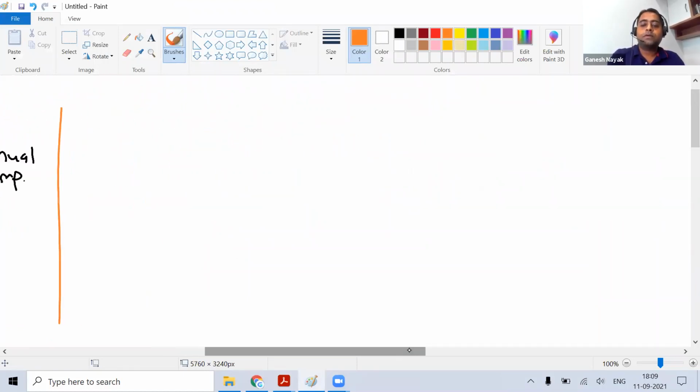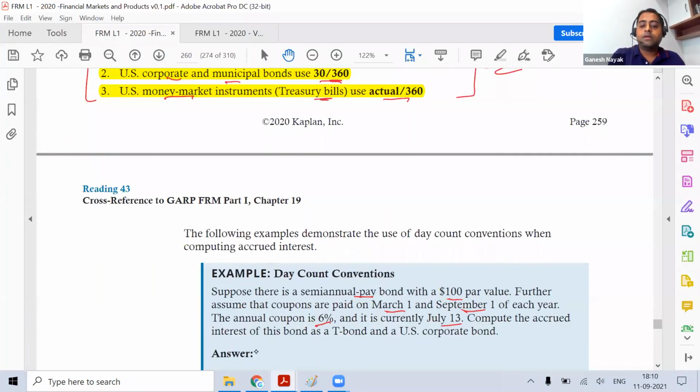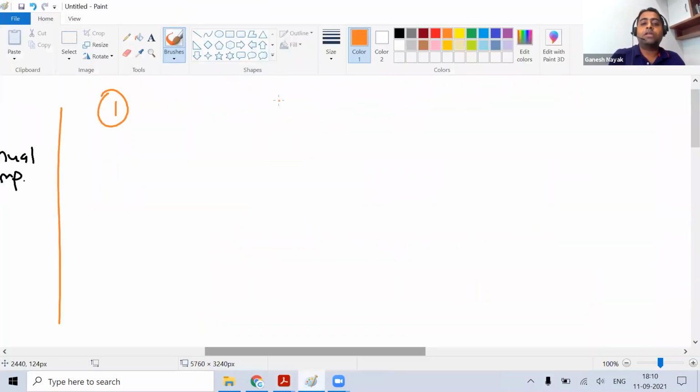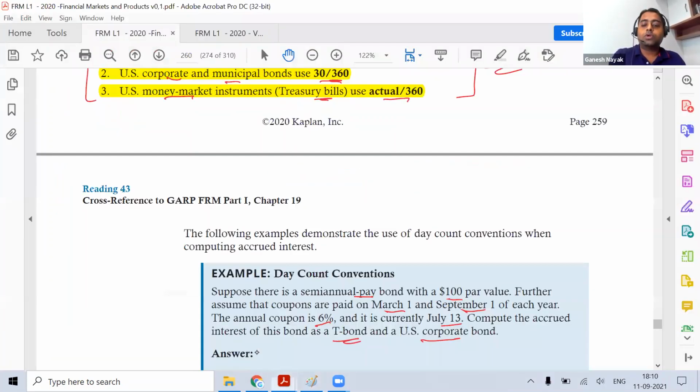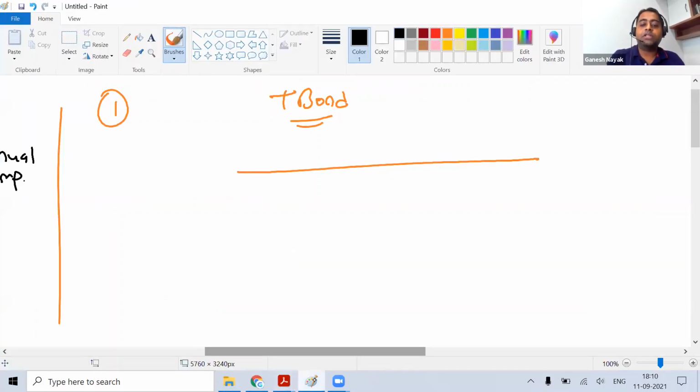I'm looking at the first case where we have to calculate as a T bond and US corporate bond. So first I'm talking about T bond. Let us look at the time frame. 1st March and 1st September, these are the dates, and you're standing on 13th of July.